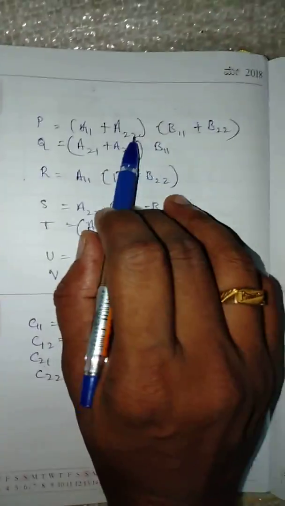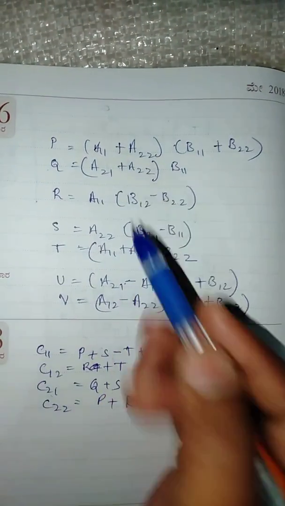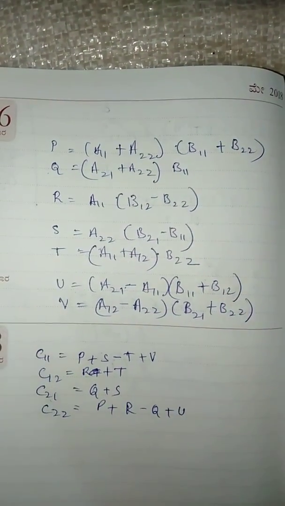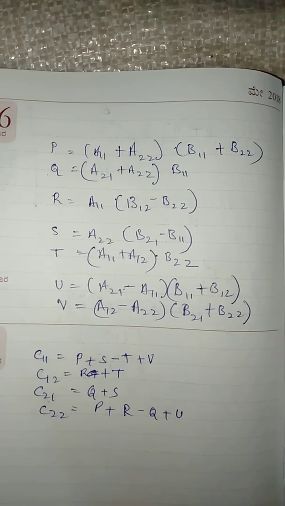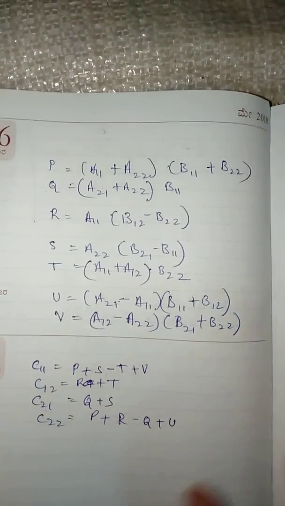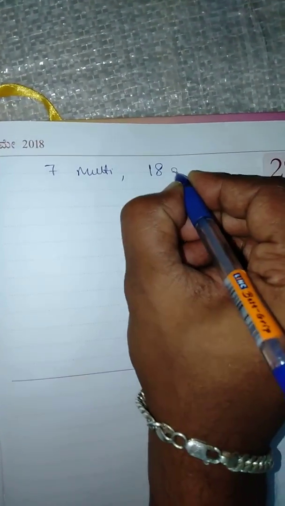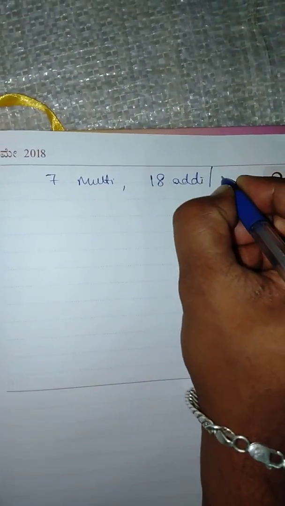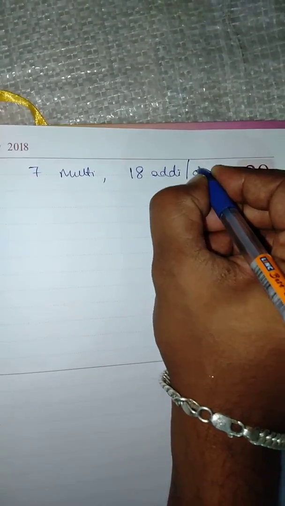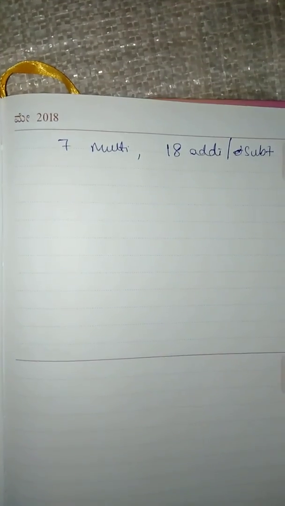Can you now count the number of additions and multiplications that are happening with this Strassen's method? Count the number of multiplications and the number of additions. There are totally 7 multiplications and 18 additions and subtractions happening.